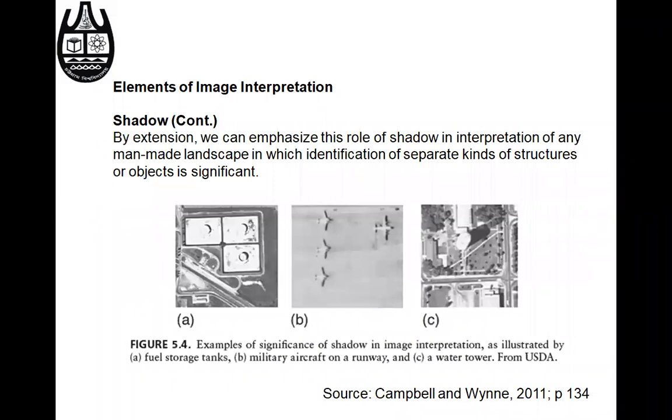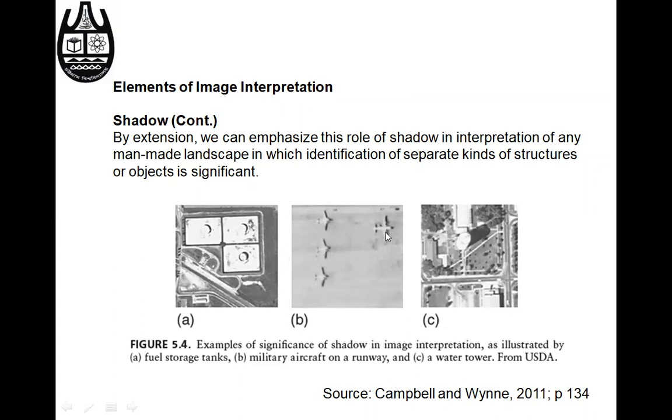If you see these pictures, maybe the first one, what do you understand from the first one? You cannot understand anything unless there is a small shadow in here. So you can understand these three are some reservoir tanks, maybe some fuel, maybe some water, maybe something else. In the second photograph, without the shadow, how can you understand there are some military aircraft if there is no shadow?